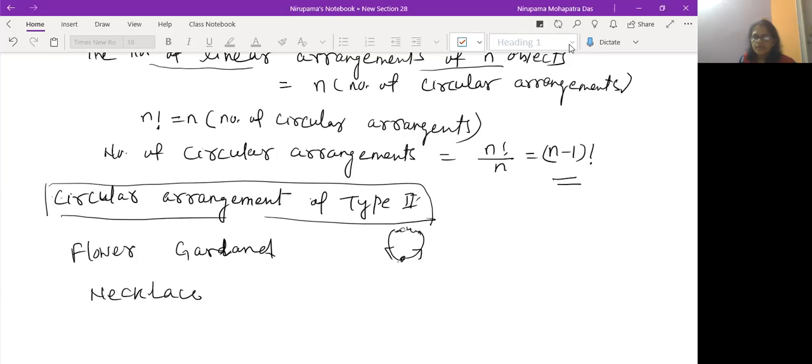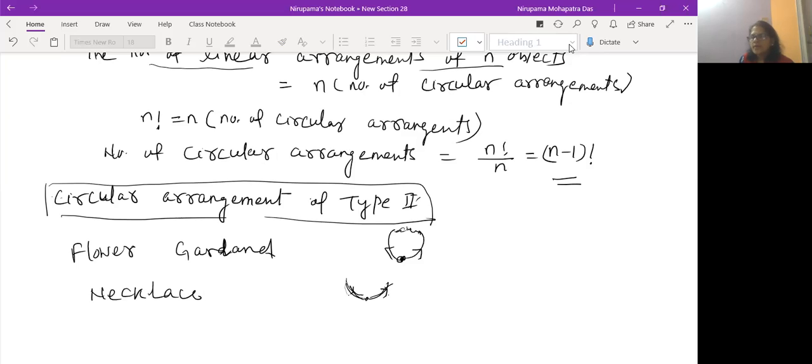Similarly, in the case of a necklace also, whether we look in the anti-clockwise direction or like this, in both ways we can have the same. Any direction you can say.